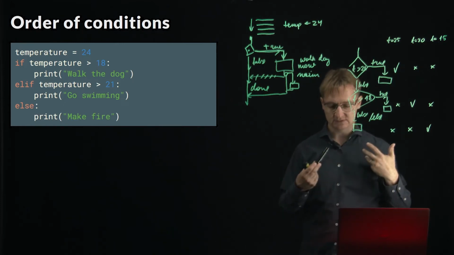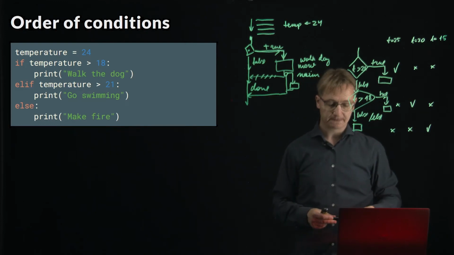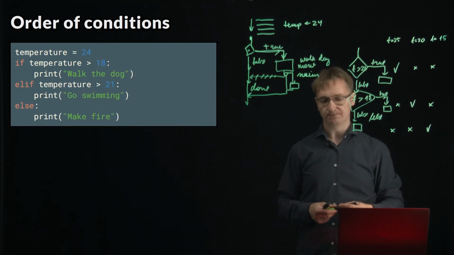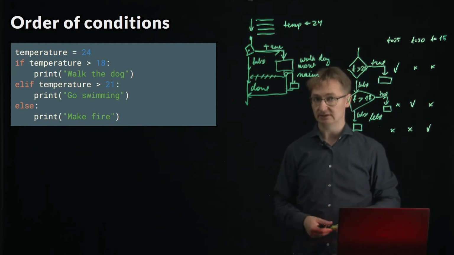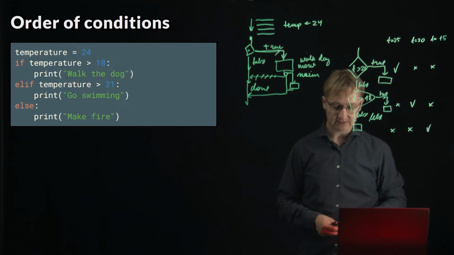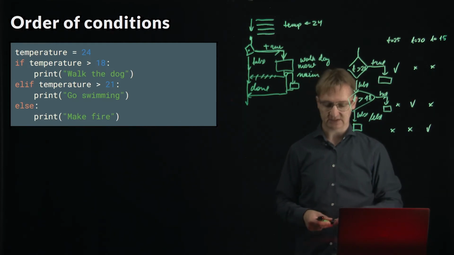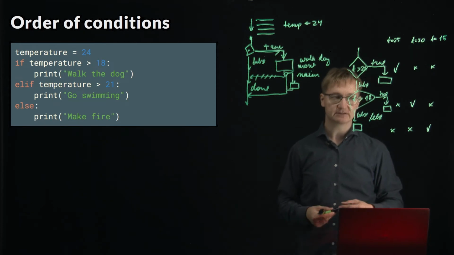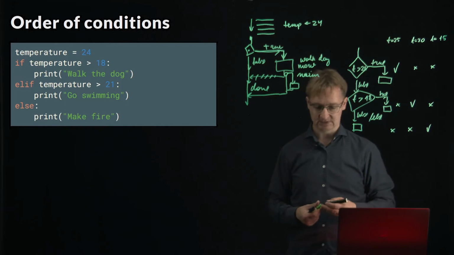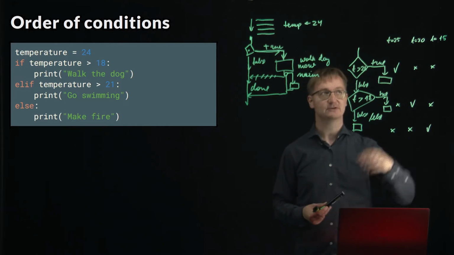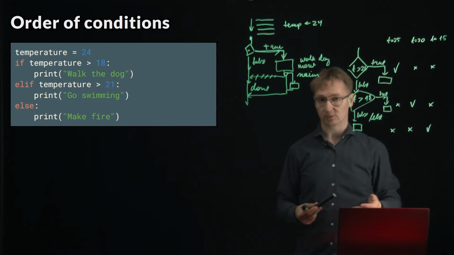Because we execute statements in order from top to bottom, the first condition is true. The temperature is 25, it's above 18, it's true. Then we walk the dog and we ignore the rest of the statements. So actually I would like to go swimming at a temperature of 25, but my code tells me to walk the dog.